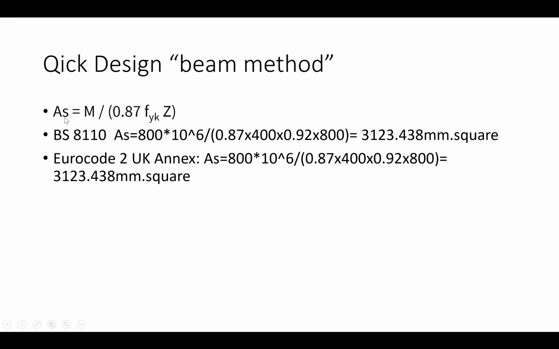The required reinforcement is calculated as the ultimate applied moment divided by the design strength of rebar multiplied with the level arm.